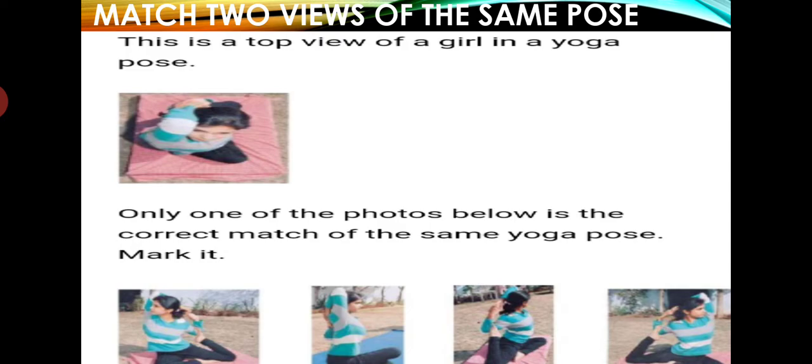You have to mark which one is the correct match of the same yoga pose. Look very carefully. Look at all the 4 photos and check which one is the correct match of the same yoga pose, and that photo you have to mark. 1, 2, 3, 4. 4 photos are given below.